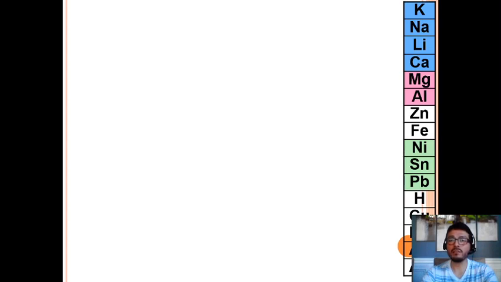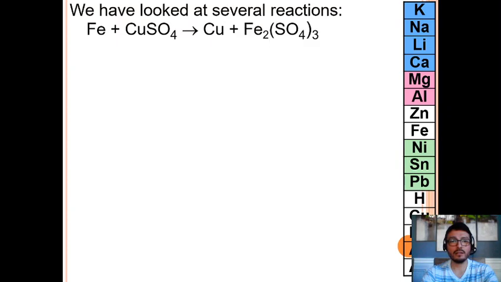Metals at the very top are more reactive than the ones at the very bottom. And the idea is that the metals at the top will be able to displace a metal that is at the bottom. So if you look at this reaction, iron and copper 2 sulfate. Now, in the past, you would have had to have performed an experiment to figure out if a reaction would have occurred.